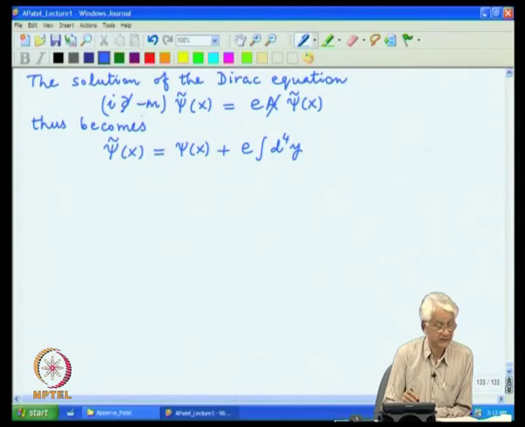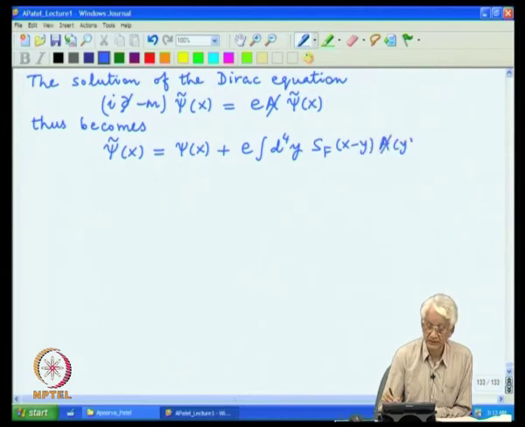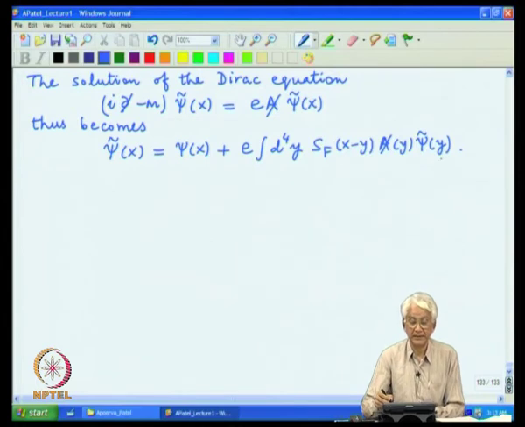The Green function corresponding to the left hand side is nothing but the propagator, but without interaction. So, this is actually S F and not S F tilde, and the complete expression is this, where psi tilde now appears on the right hand side as well.